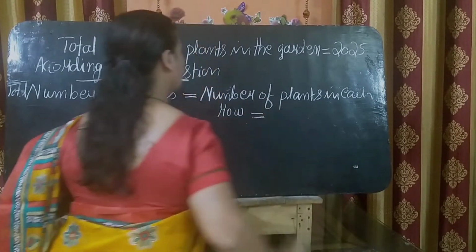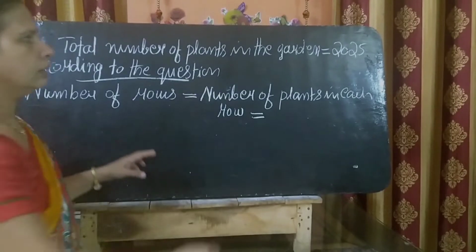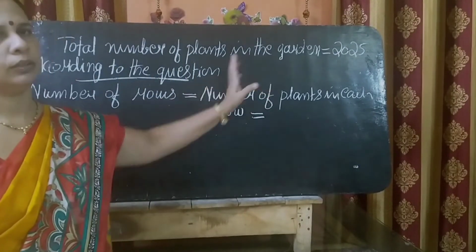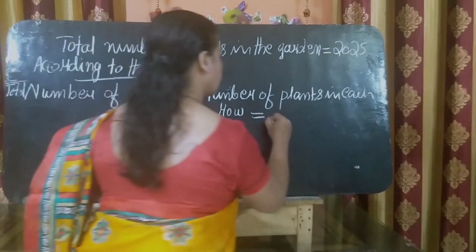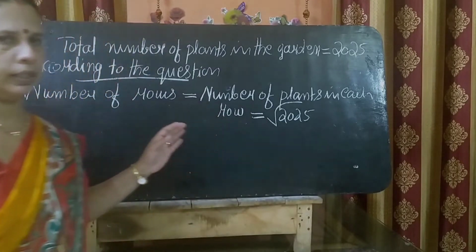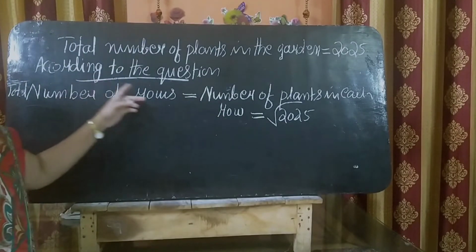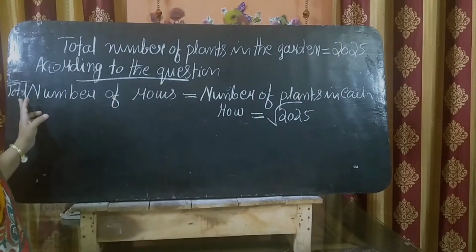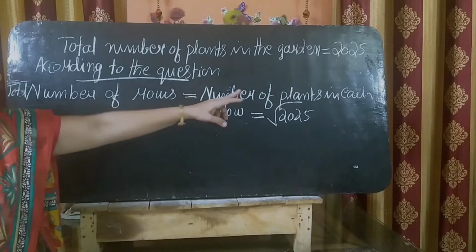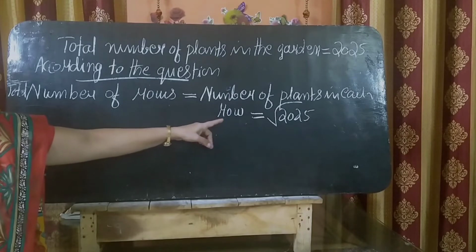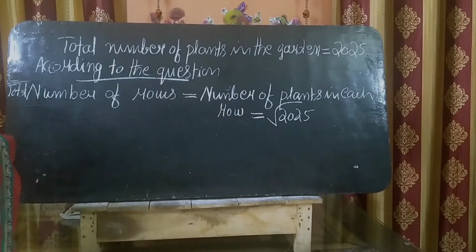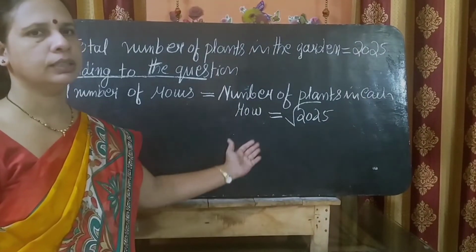That is equal to how much? Here we have to find out the square root of 2025. According to the question, we have to find out the square root of the given number. Copy down this.